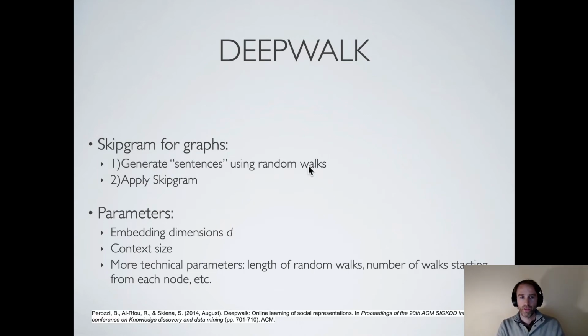Following this process, you're generating many sentences. Actually, you start from every node several times and do these random walks. It's as if you were building a corpus of sentences composed of nodes that are close to each other.